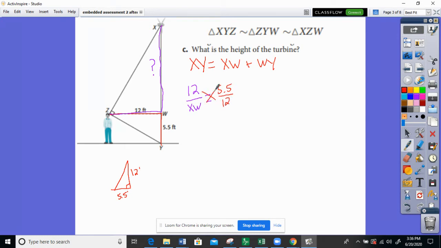So now we can cross multiply, and we're going to get 5.5 times the length of segment XW is equal to 12 feet times 12 feet. Well, on the right-hand side of the equation, we're going to get 144. To get the length of segment XW by itself, we need to divide both sides by 5.5.